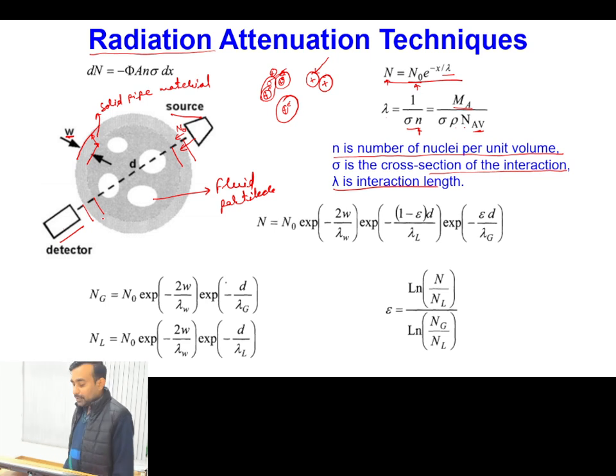So the attenuation of the signal taking place in the pipe material can be given as exponential of minus x by lambda, where x for the pipe material becomes w here and w here. So it becomes 2w divided by lambda.